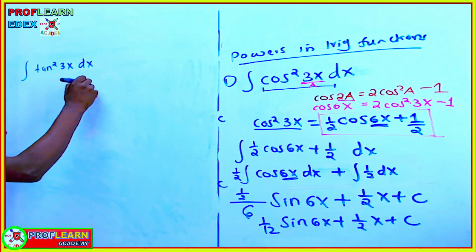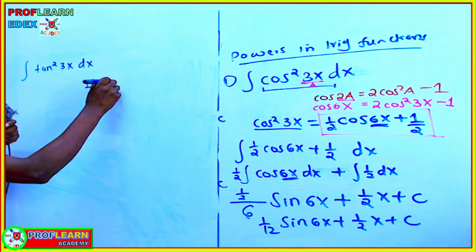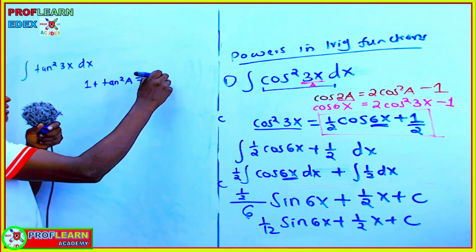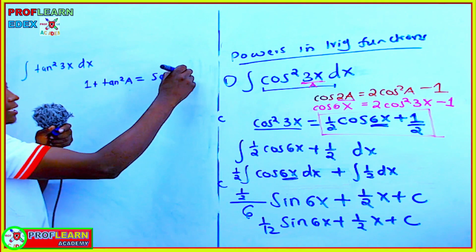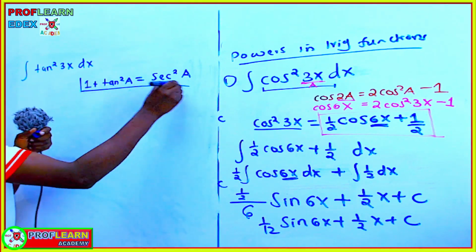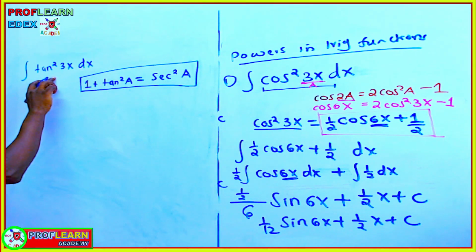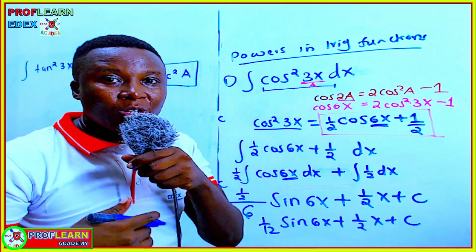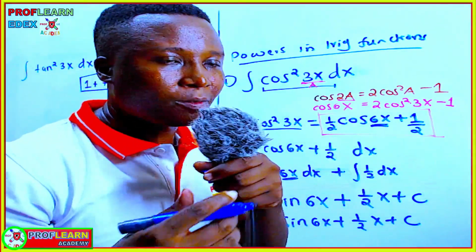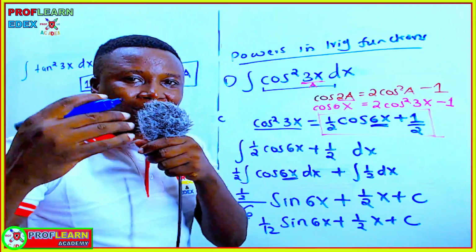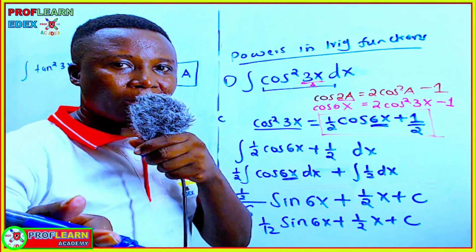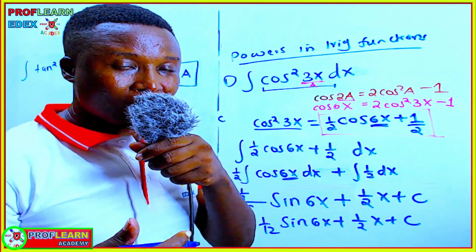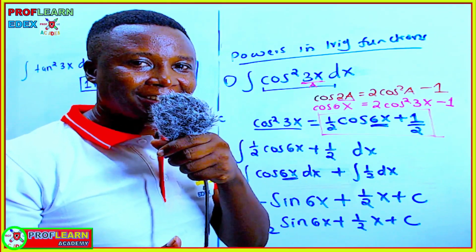So remember, 1 plus tan squared A is equal to sec squared A. So we can express this tan in terms of sec, because in our MF19 we don't have the technique to integrate tan squared, but we can integrate sec squared.